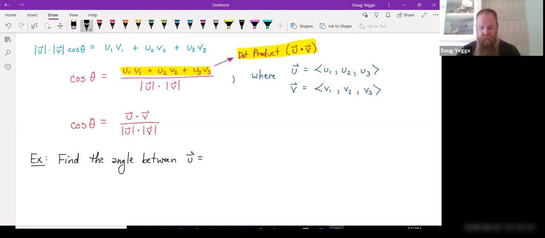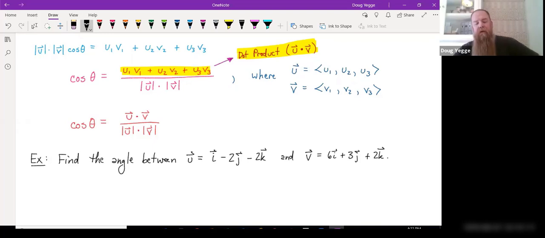Let's say that U is equal to I minus 2J minus 2K. And remember, that's just called standard unit form or unit vector form. And then vector V is equal to 6I plus 3J plus 2K.